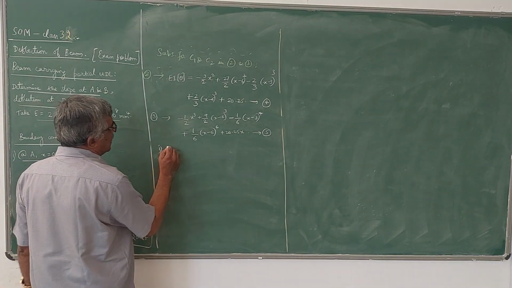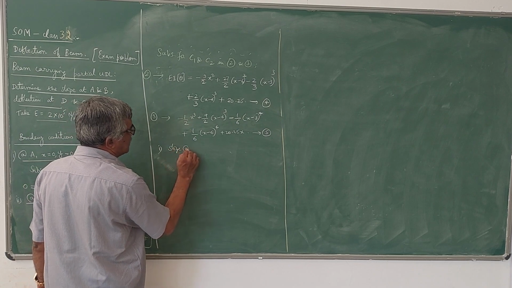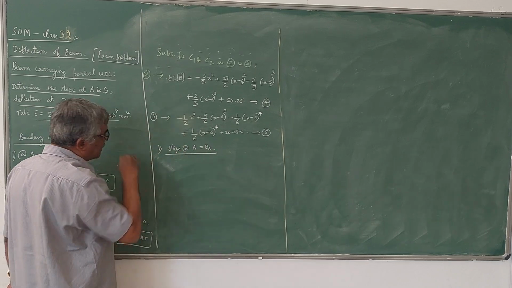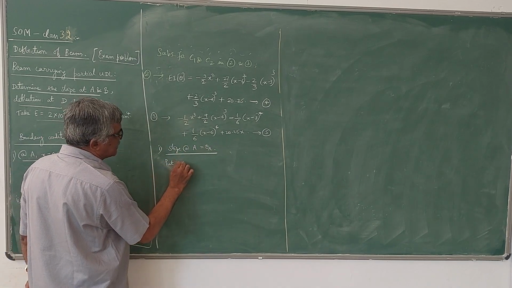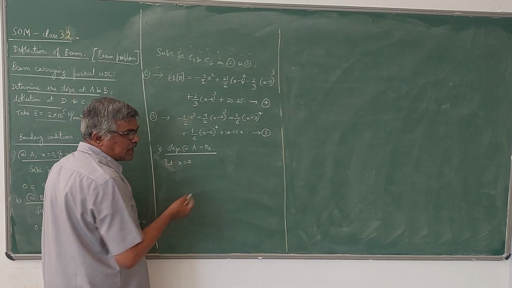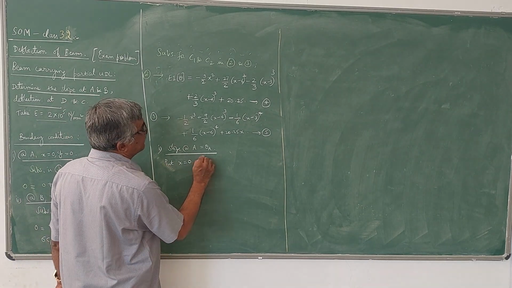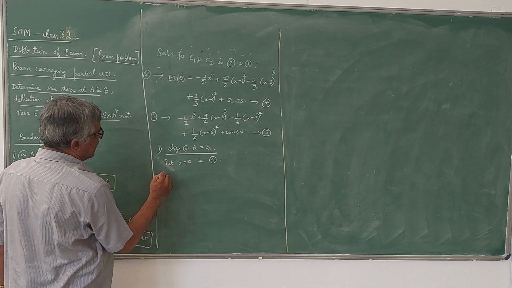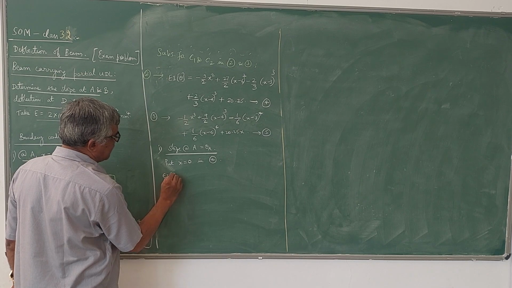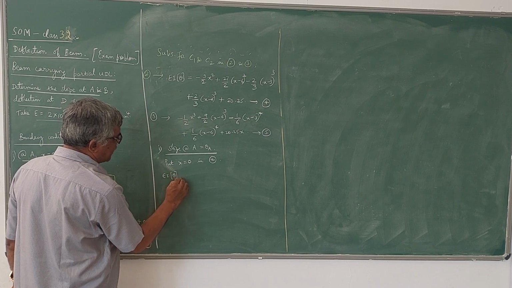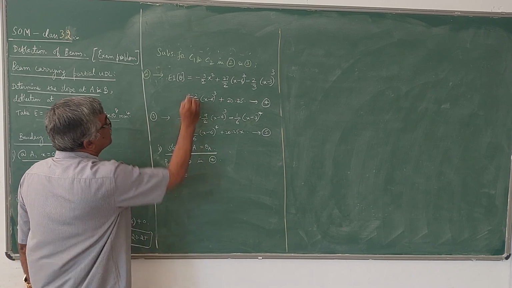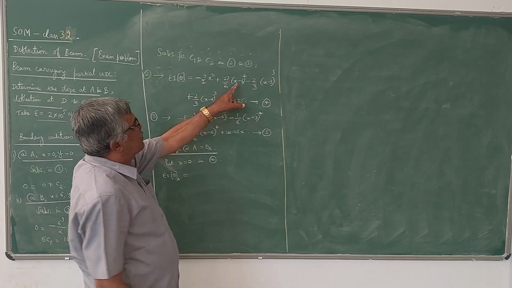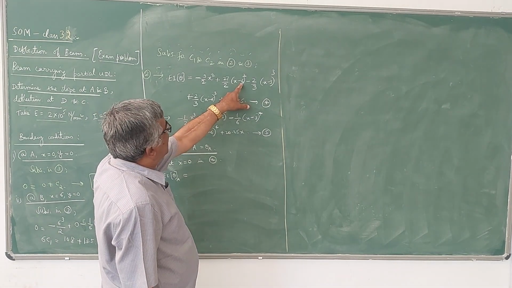So first one, I calculate slope at A, which is nothing but theta A. To find out theta A, put x is equal to 0, because at A x is equal to 0 in equation 4, because 4 is the slope equation. So what I will get here is EI into theta A is equal to, the first term becomes 0 because x is 0, second term also becomes 0 because 0 minus 6 is negative, I have to omit that.